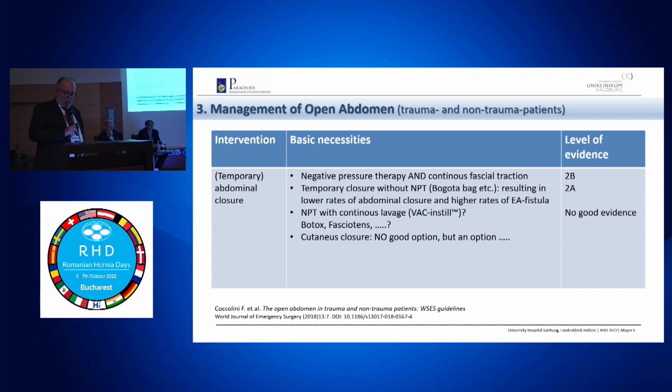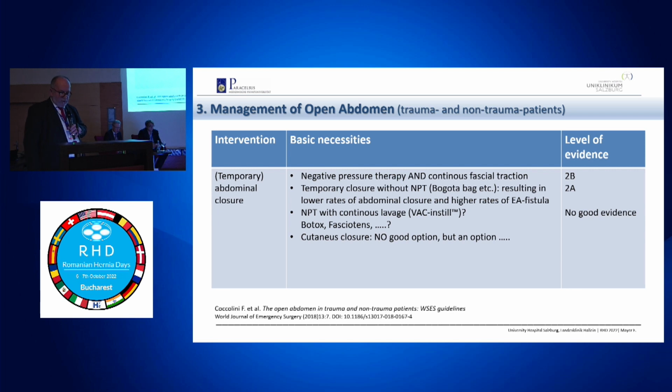Other options, not using negative pressure therapy, like the old Bogota pack, which some of you might know, results in lower rates of abdominal closure and definitely in higher rates of intra-abdominal fistula. Whereas a combination of negative pressure therapy and continuous lavage, like the vacuum still system, or a combination with Botox infiltration or the use of the Fasciotens device is definitely unknown.